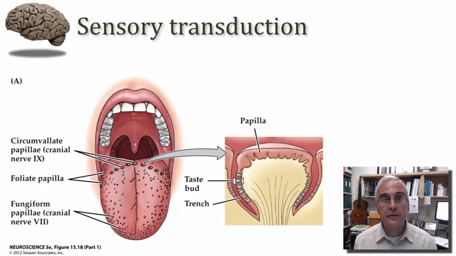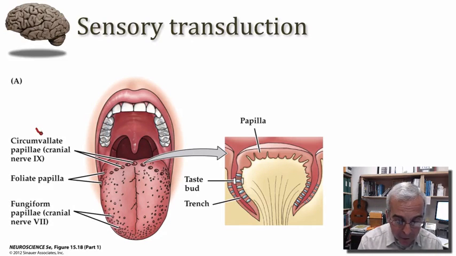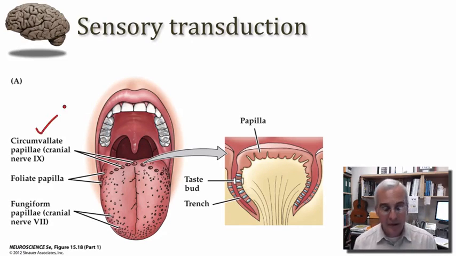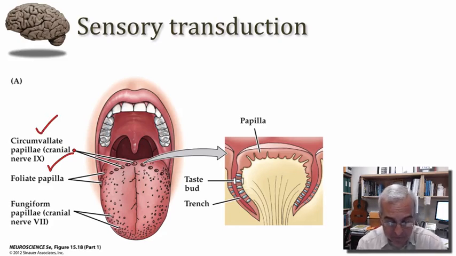We actually find these taste buds in specializations that we call papillae. So at the back of the tongue, we have a row of circumvallate papillae. At the sides of the posterior tongue, we have a set of foliate papillae. And then in the anterior part of the tongue, we have what's called fungiform papillae.